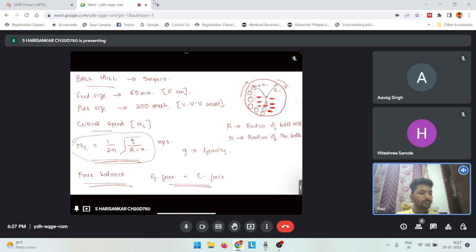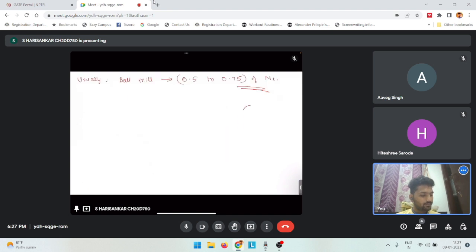So critical speed, let's take a ball mill and let's take a ball like this, and let us assume this ball mill rotates at the critical speed. So at critical speed, what happens is this ball, instead of going here and falling down, it will just keep rotating. So instead of falling down, this ball will also start rotating with your ball mill.